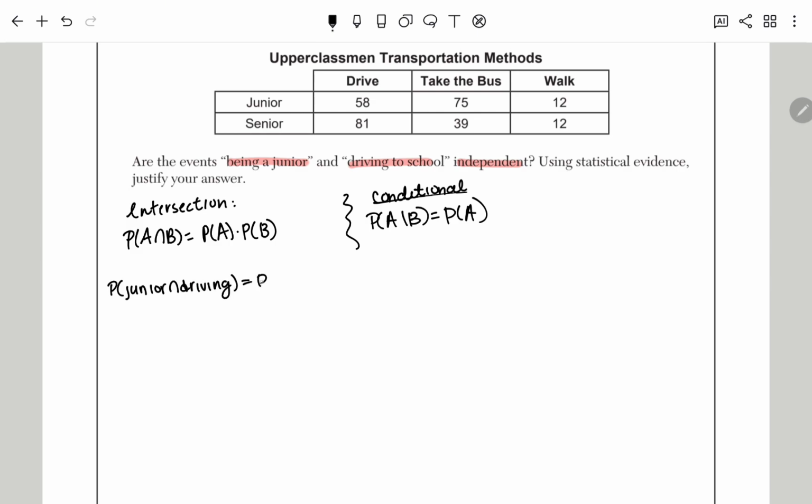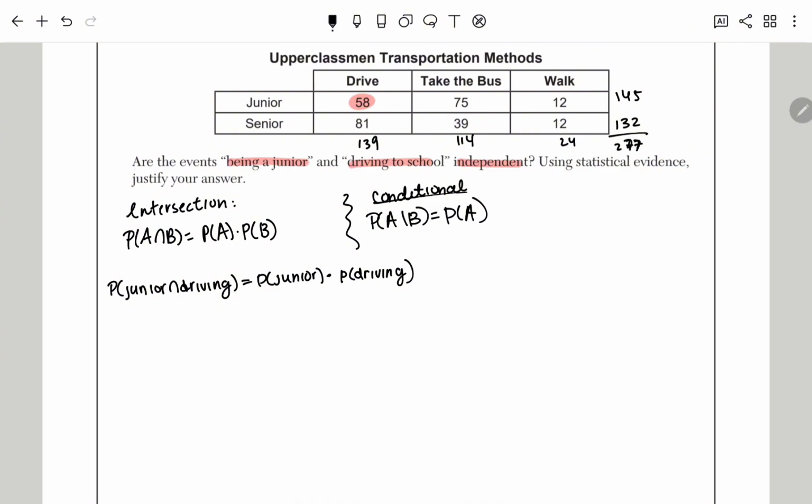is equal to the probability of being a junior times the probability of driving. So I know that the probability of being a junior and driving is 58 out of, so I'm going to do my totals really quick. So this is going to be 145, 132, 139, 114, 24, and I'm going to get 277.